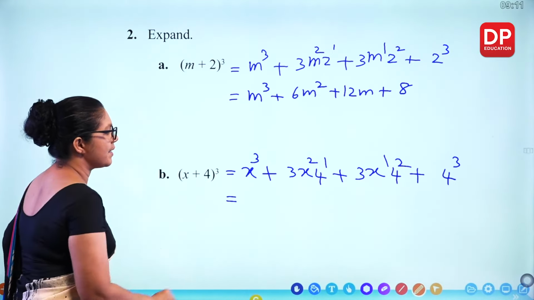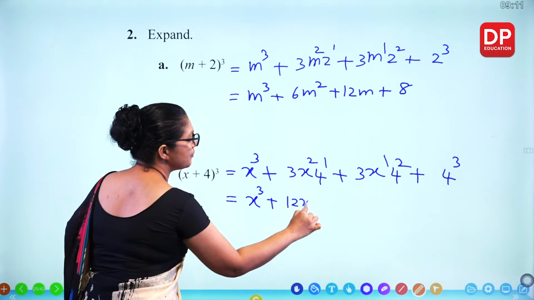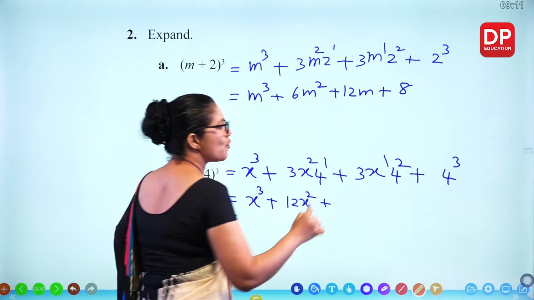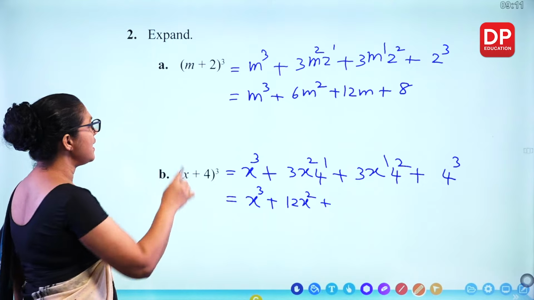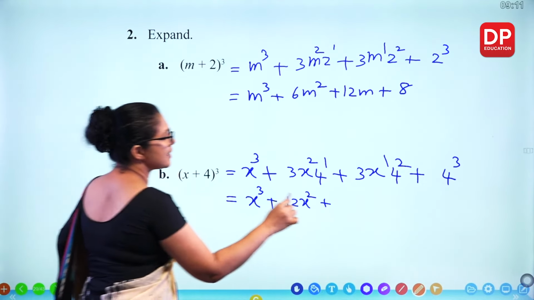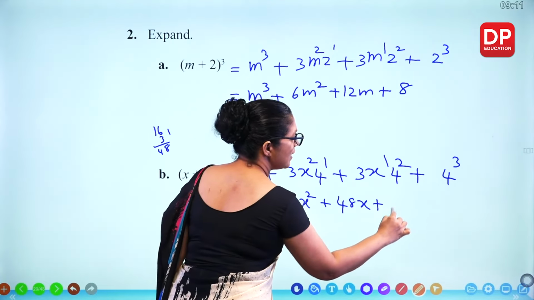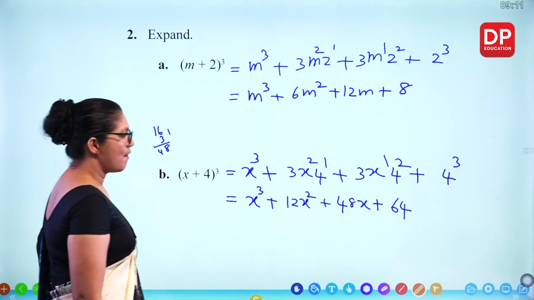Now expand. X to the power 3, 3 times 4, 12, x squared. 4 times 4, 16. 16 times 3, what's the answer? 48. And 4 to the power 3, we know that it's 64.